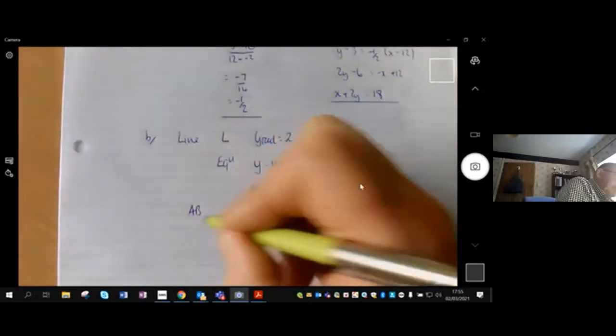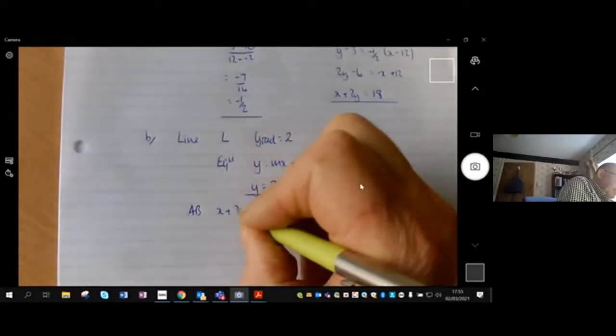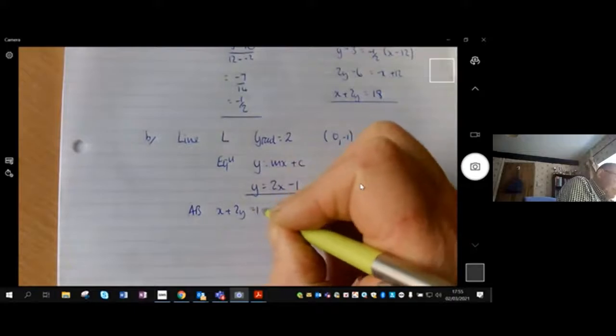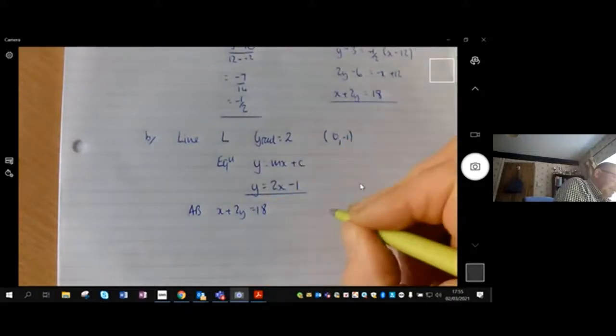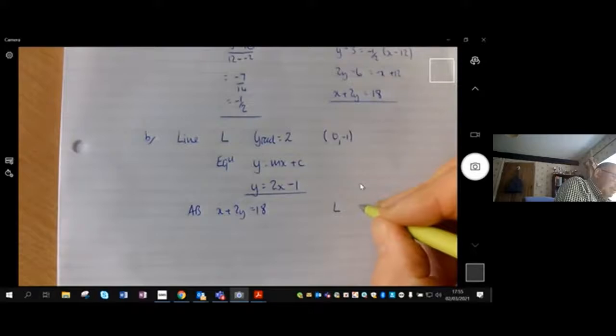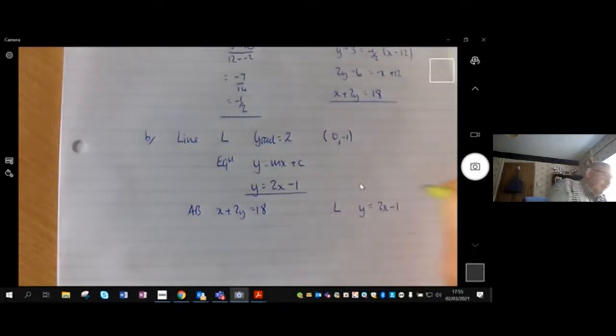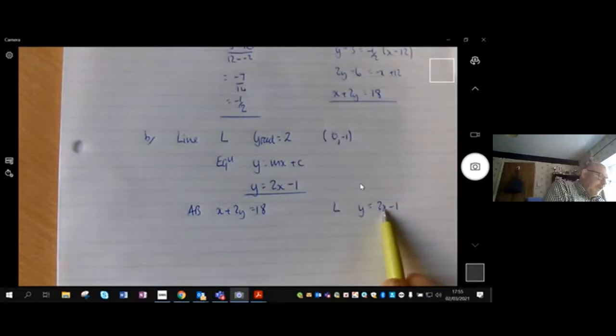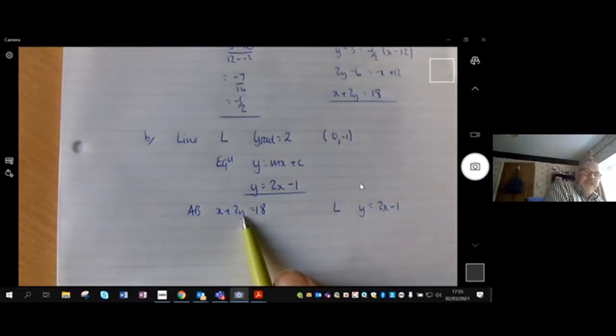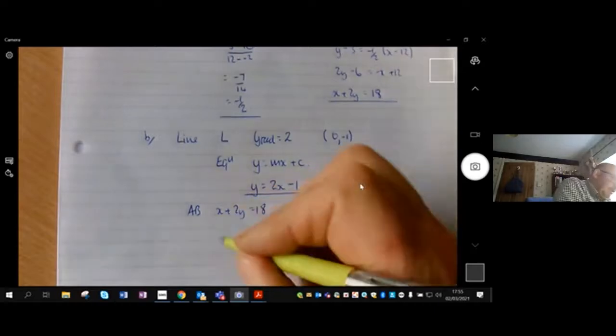AB is x plus 2y equals 18, and L is y equals 2x minus 1. Now, rather than going through all the rigmarole that you were shown in year 11, why not substitute that value for y into that equation there?